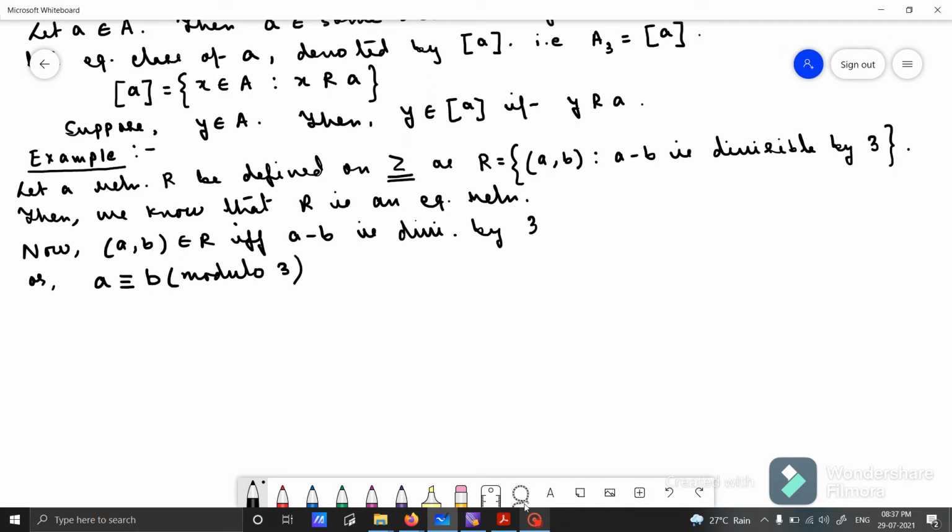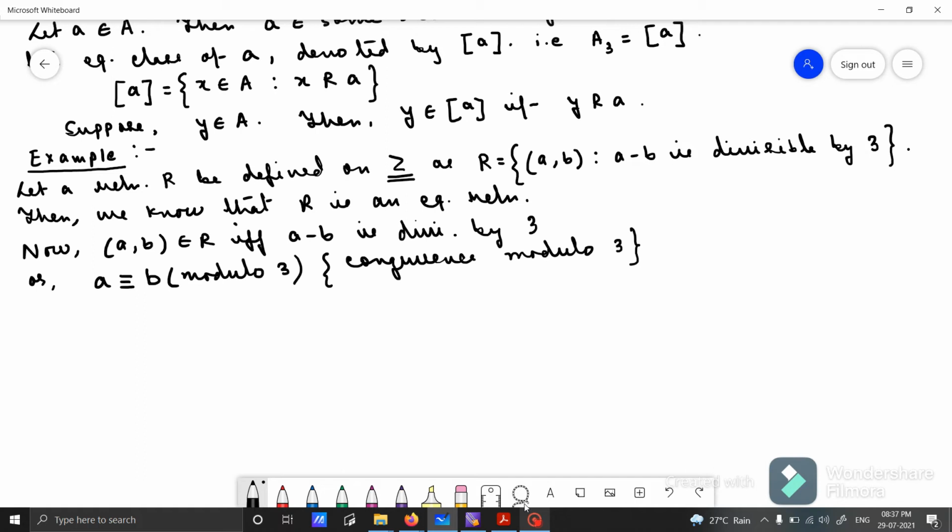This is the symbol we write, and we read it like this: this type of relation is called congruence modulo 3. So this particular symbol that I have written is read as congruence modulo 3.